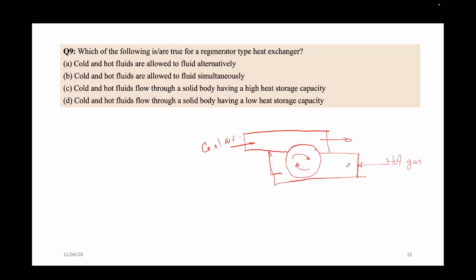As the hot gas flows, it will recirculate; this fan is a type of fan that recirculates the hot fluid. There is no direct contact.